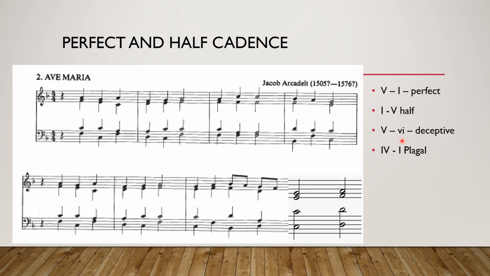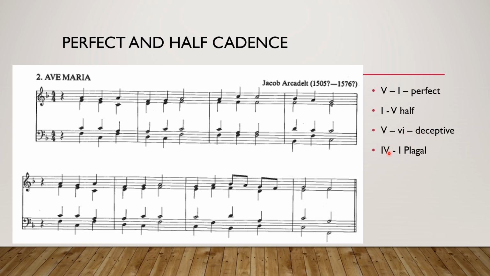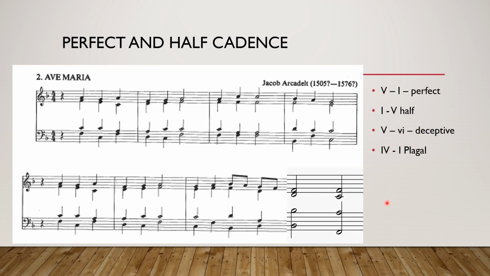You could also have another deceptive cadence of 5 going to 4. So, Fa. A different feeling, but normally it's the 5 going to the 6. Last cadence we have is our plagal cadence, and it's a 4 to the 1 instead of the 5 to the 1.